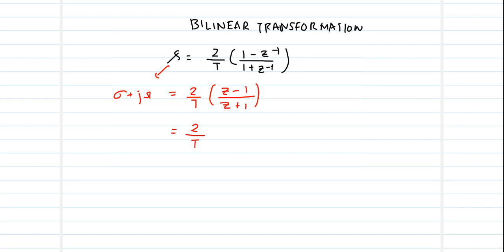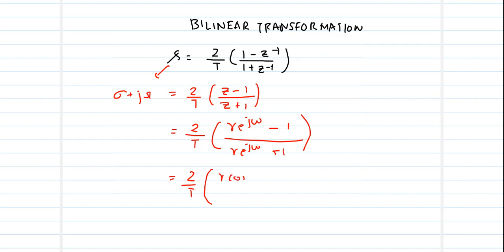I can put it as (r e^(jω) − 1) divided by (r e^(jω) + 1). Okay, so I'll expand using Euler's formula, 2/T times (r cos ω + j r sin ω − 1) divided by (r cos ω + j r sin ω + 1).